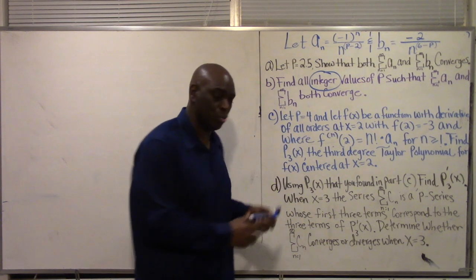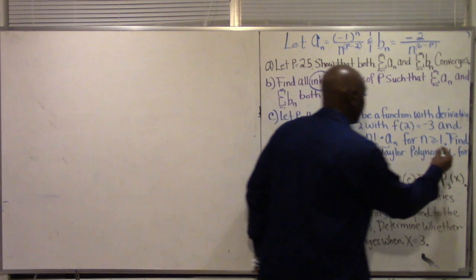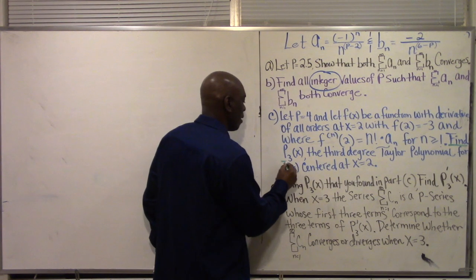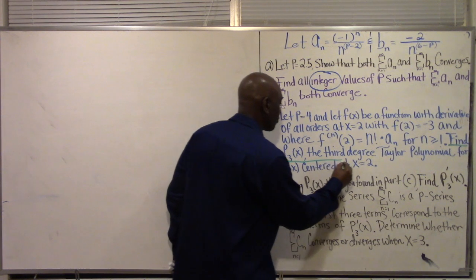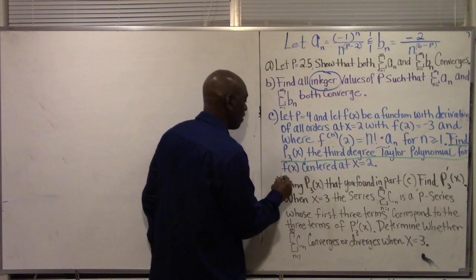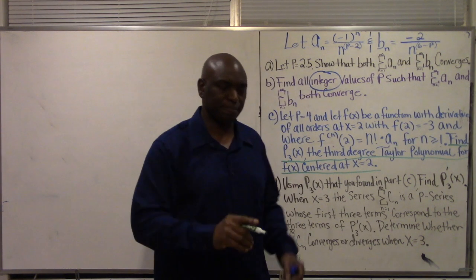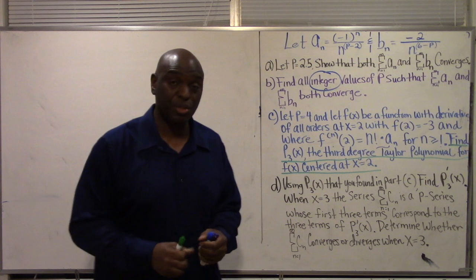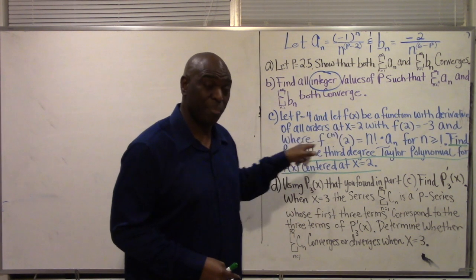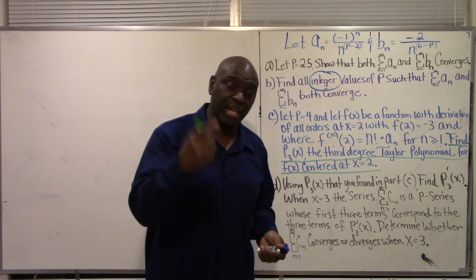They're asking you to find P3 of x, a third-degree Taylor polynomial for f of x centered at x equals 2. That's it. That's what they're asking you to do. And all this other stuff in here is going to help you to get there. But that's the key thing. Taylor's polynomial. So let's start with Taylor's polynomial.